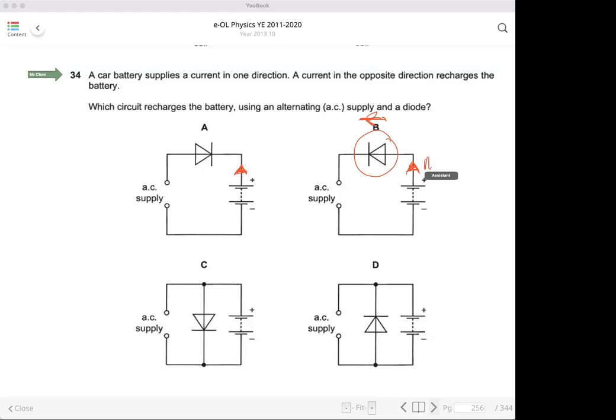So this is the normal usage. Okay, but now you mentioned that the current is in the opposite direction, to recharge. So you want to recharge, you want your current to be moving this way. So which setup will you choose? Bei Guan.